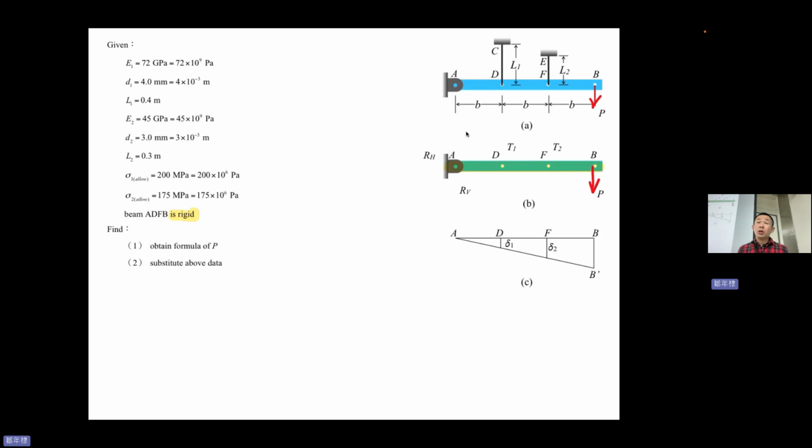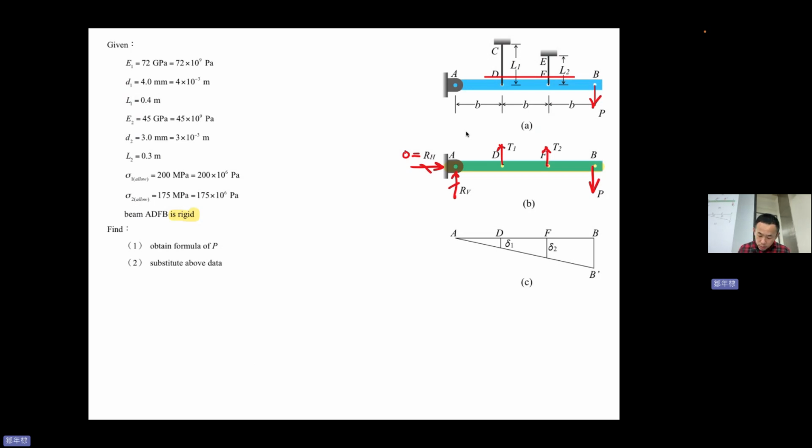So if you want to see the internal force, we just cut it, and we assume that T1 and T2 are all positive. And then RH and RV will be this one and that one because it is a pin, but because there's no horizontal force, it will be 0. So we actually won't plot this one.